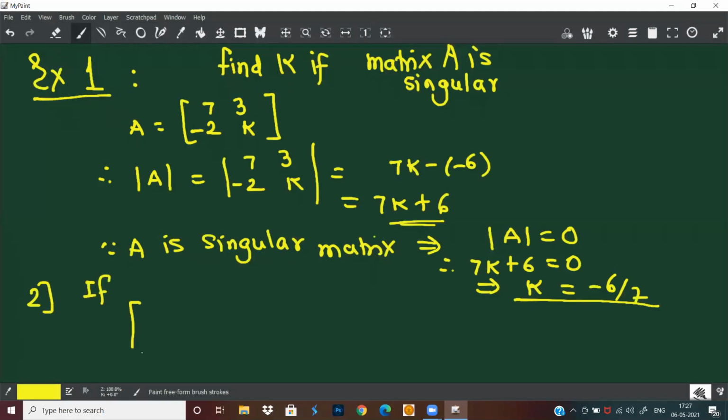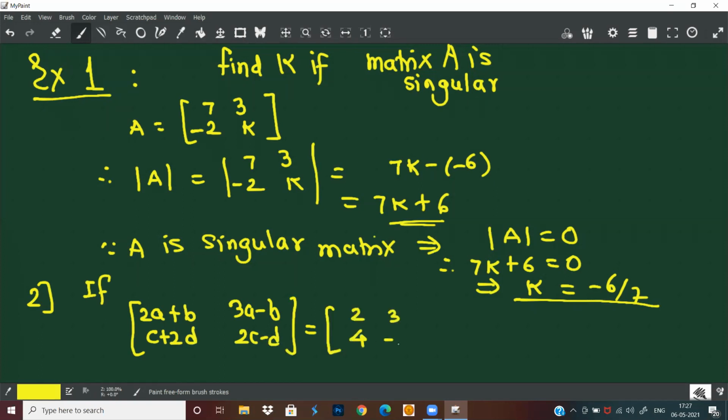If 2A plus B, 3A minus B, C plus 2D, 2C minus D equals 2, 3, 4, minus 1.